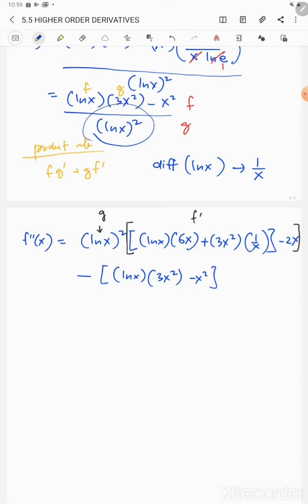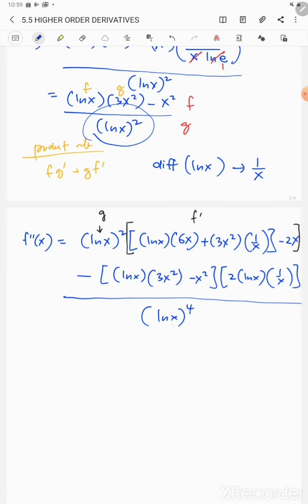You have to apply the chain rule: 2, copy all inside the bracket, and the power becomes 1. Differentiate ln x, we get 1 over x. Divide by g squared, (ln x) to the power of 4. This is the answer.